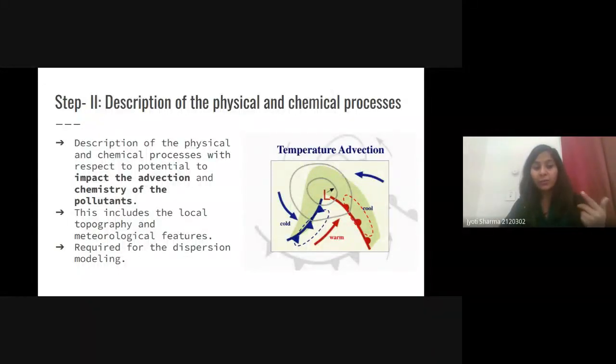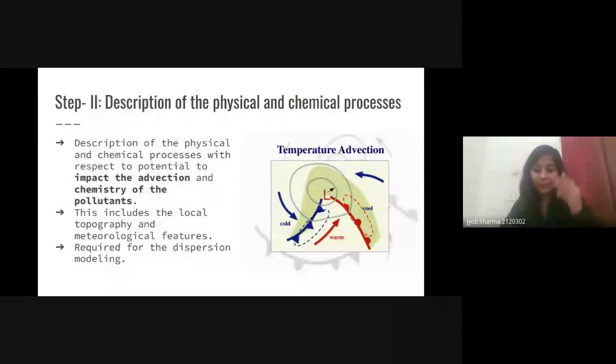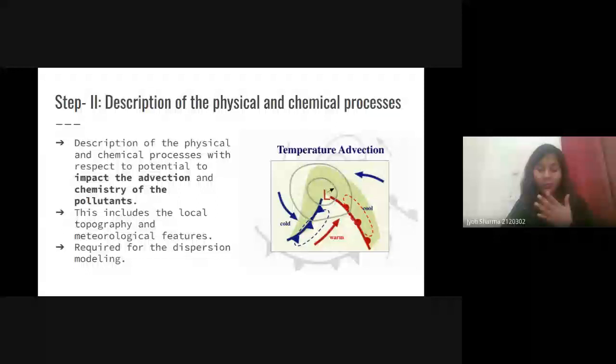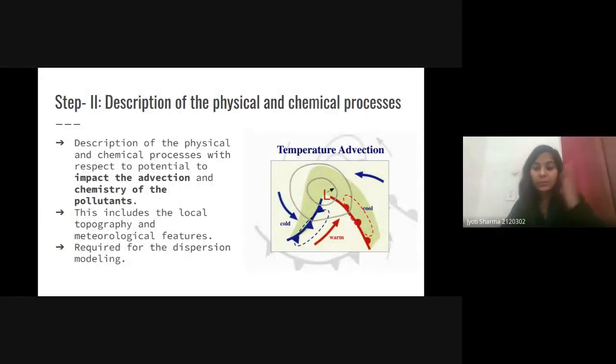So that's why you have to consider this local topography as well. Then meteorological features, for example wind, temperature, humidity. Based on that your movement will be determined. And this is required for the dispersion modeling, as I told you, for example the Gaussian modeling. So these all things are required for the dispersion modeling.